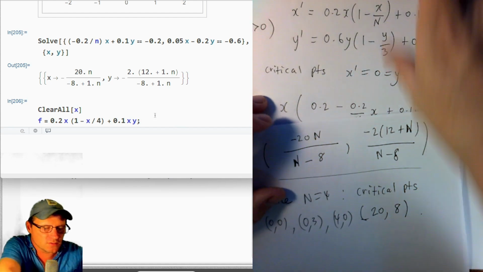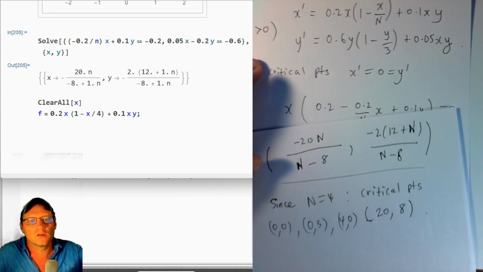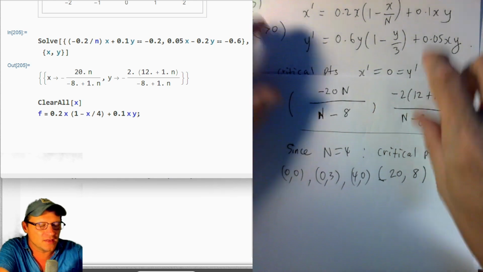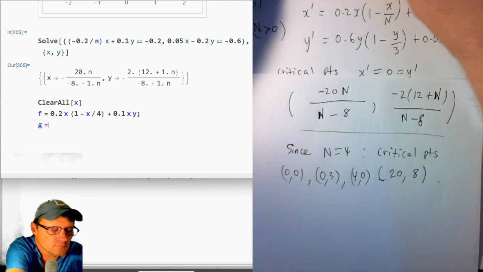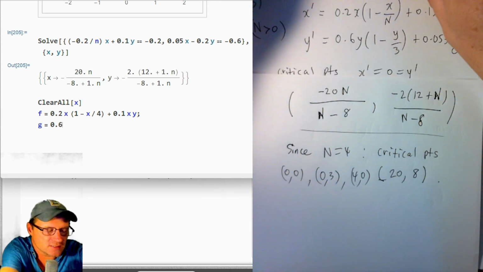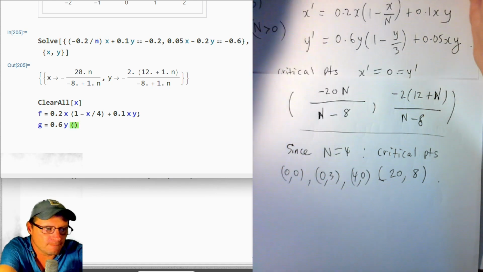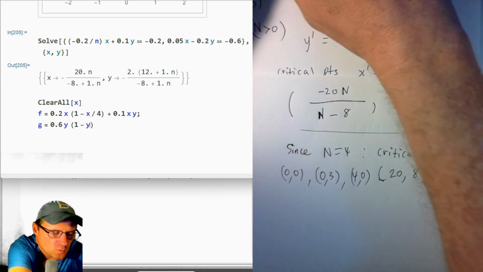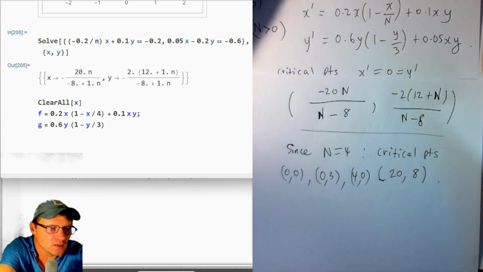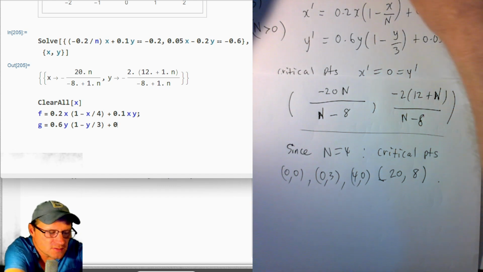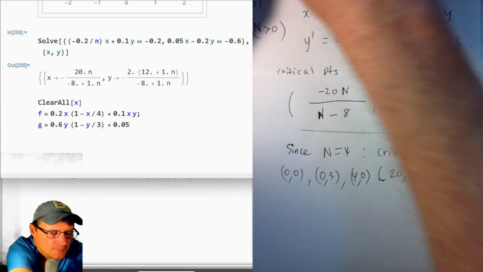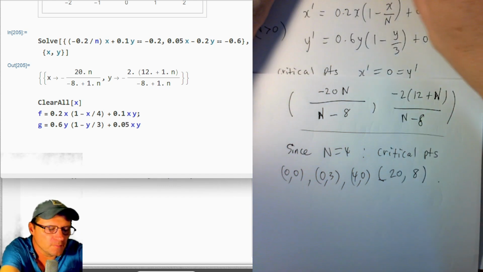Okay, let's enter g. So I'm entering the second line there. 0.6 y, 1 minus y over 3, and then plus 0.05 xy.